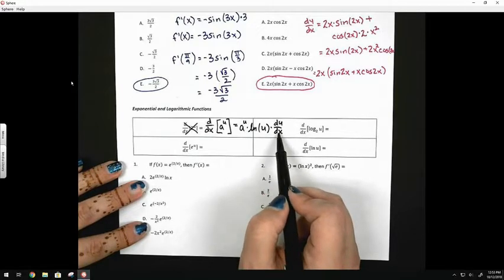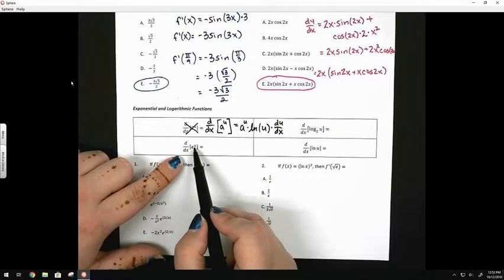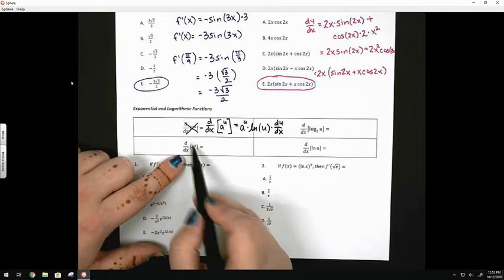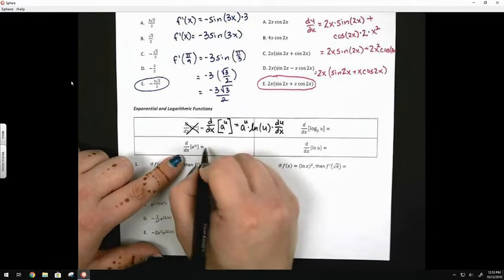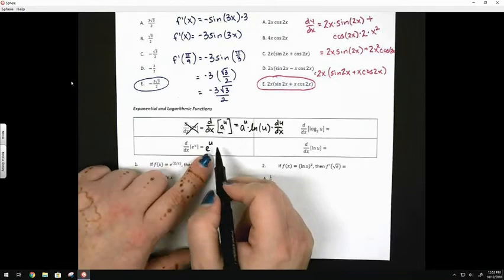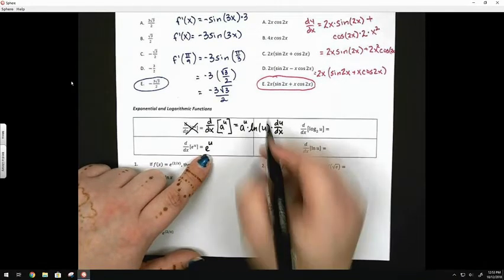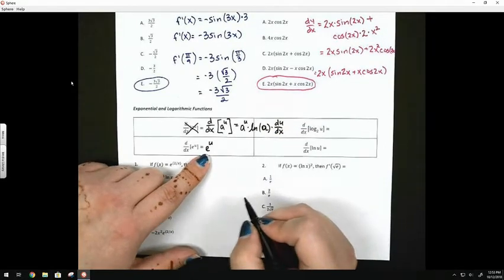Looking at the derivative of e to the u, well, e to the u is really just a special case of an exponential, which means the derivative of e to the u is also e to the u, and then technically we would do times the natural log. This should be a. I'm sorry, you guys. I'm all over the place today.